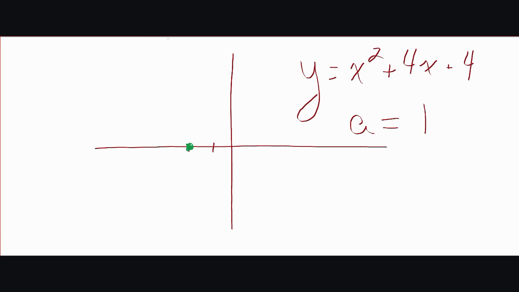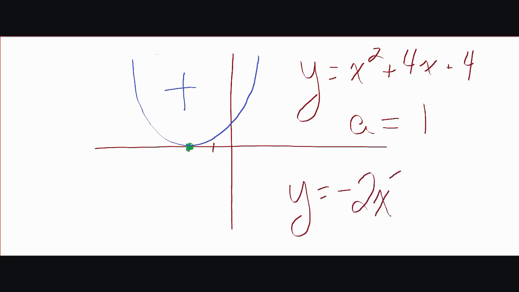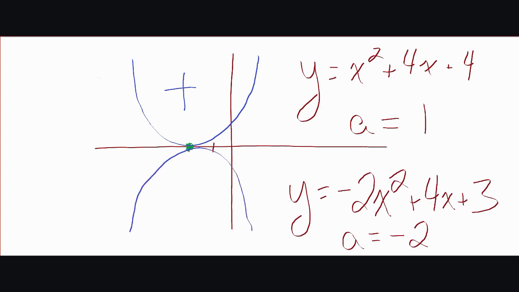Since a is positive, we know that our parabola opens up. If a were negative, let's say our equation were y equals -2x squared plus 4x plus 3, since a in this case is -2, that would mean that our parabola opens downward when a is negative.